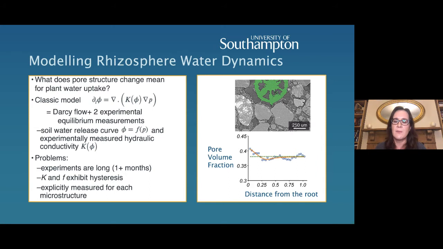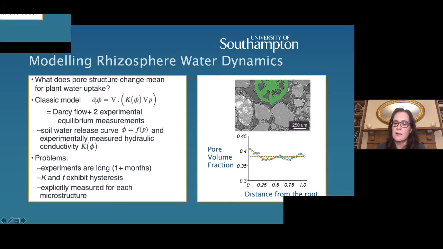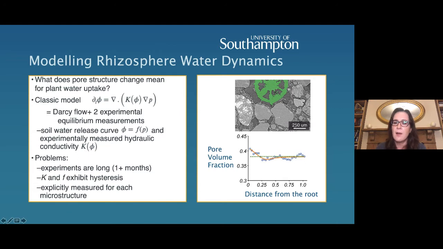When we did the mechanical tracing of soil particles, and you see here on the right, we found that around the root we have an increased porosity when we have the hairy roots, and then there is a dip of porosity further away, and then it recovers far away from the root, back to the bulk porosity.